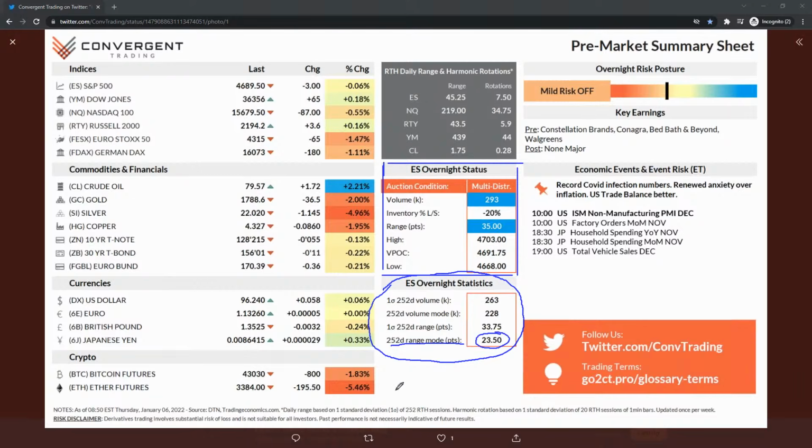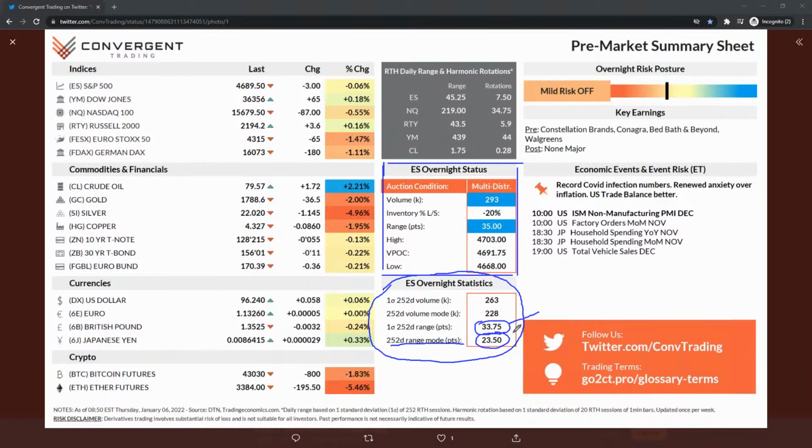That's the most common range. Some may call that the expected range, okay? The range is normal or within one sigma of the mode up to 33.75 points. So up to 33.75 points, we look at it and we say, meh, this is a normal session.